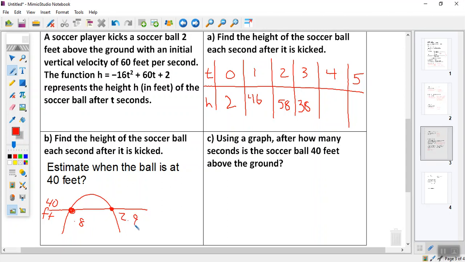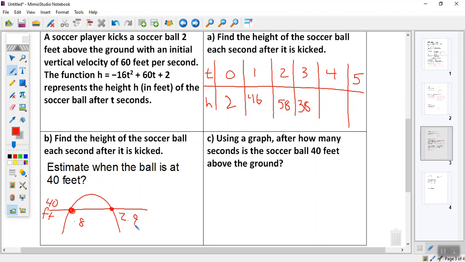Okay. So now, using our graph right here, it says after how many seconds is the soccer ball 40 feet above the ground? So it's 0.8 to what? 0.8 to 2.9 seconds. It's above 40 feet, right?